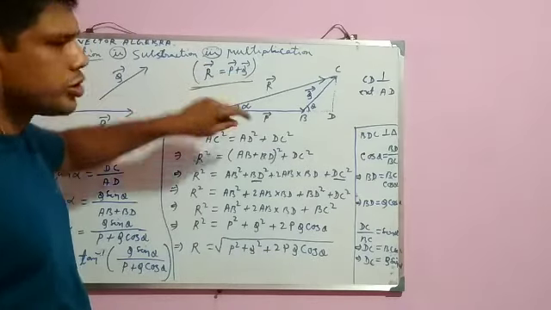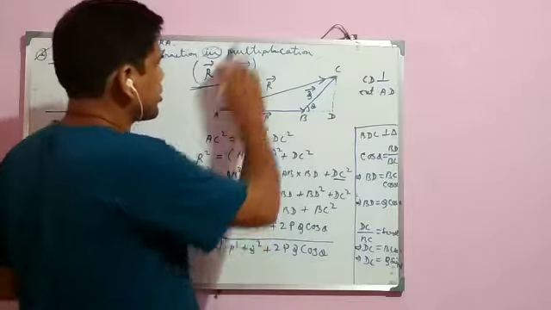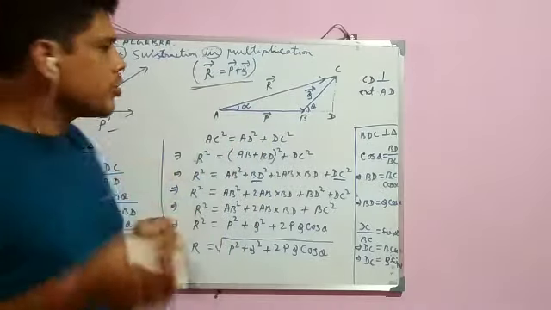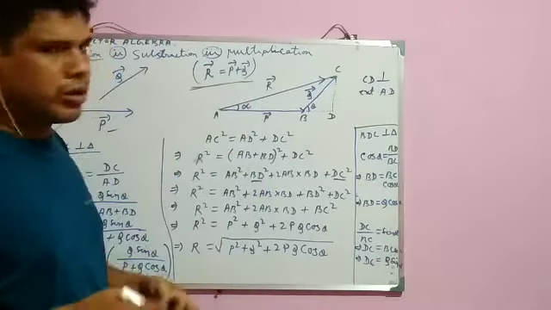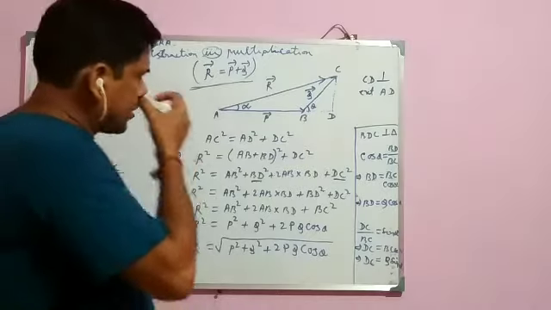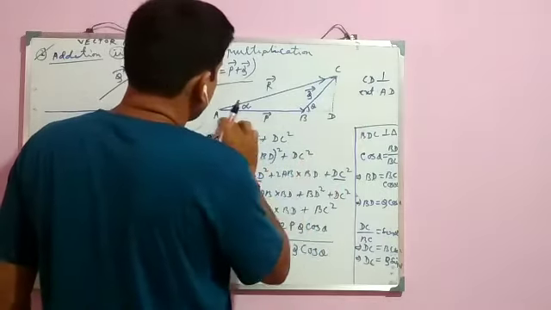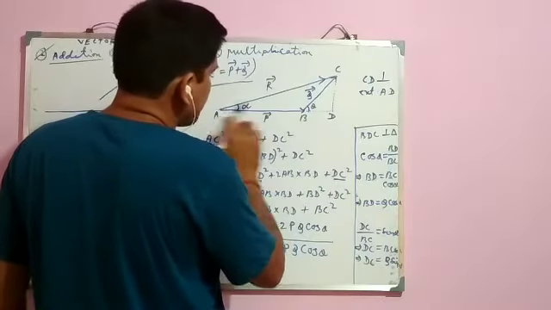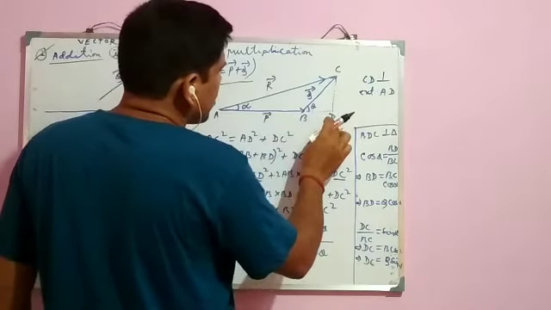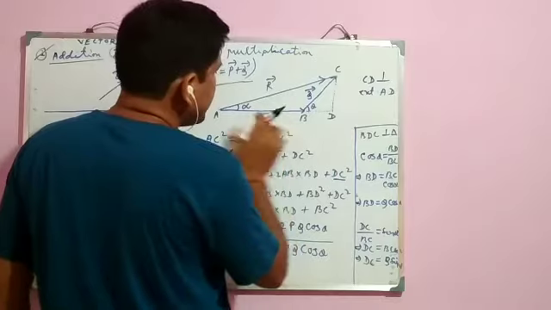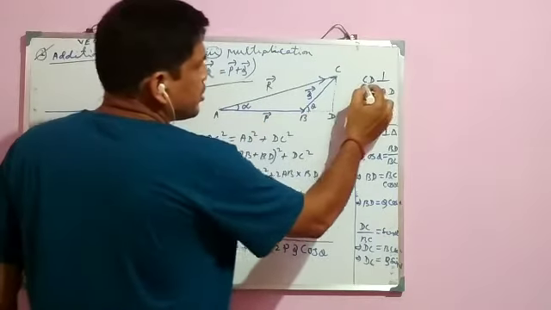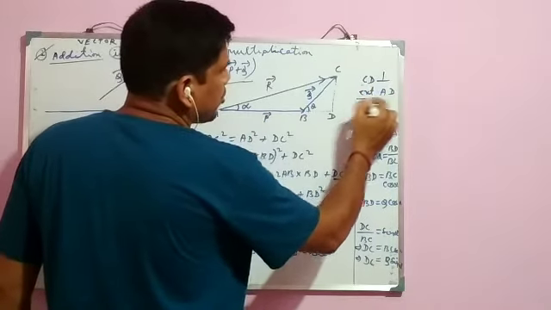So geometrically we have added these two vectors, but quantitatively we have to derive the formula. Now we have drawn a line CD perpendicular to the extension of line AB, that is, CD is perpendicular to the extension of AD.